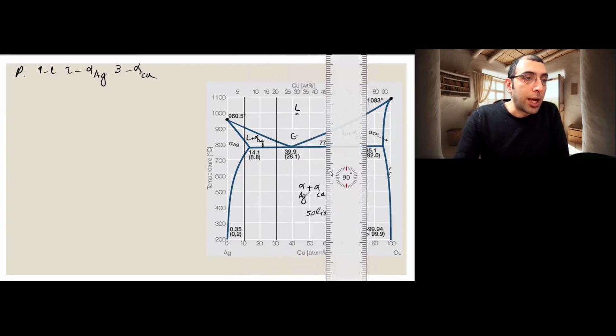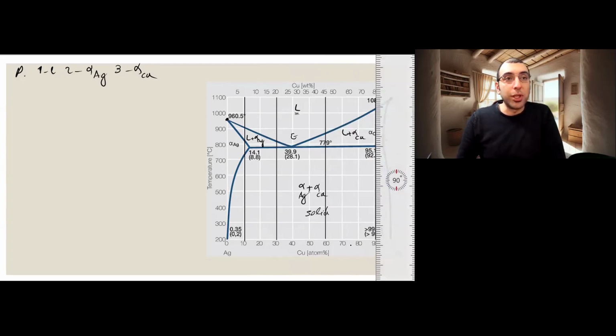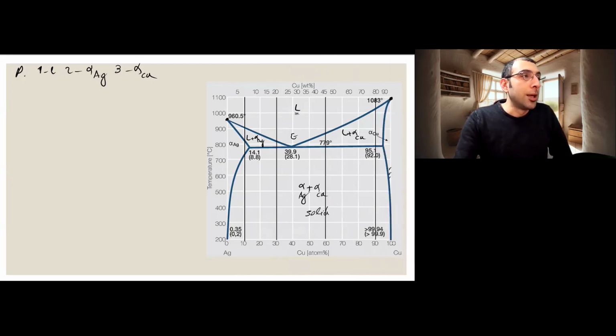We go for an alloy at 60%. And for the last example, we pick an alloy with 90%. So it's going to be a long practice, right? We're going to practice almost all the situations to do phase fractions and compositions.